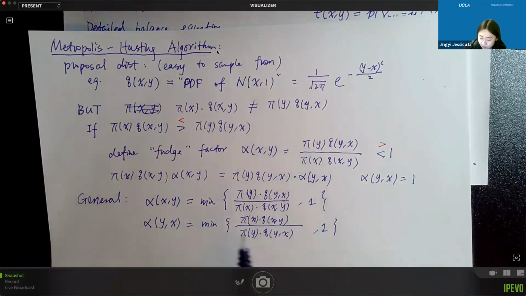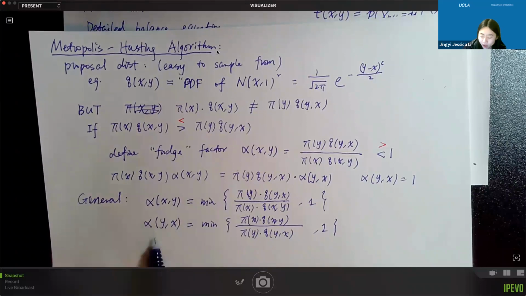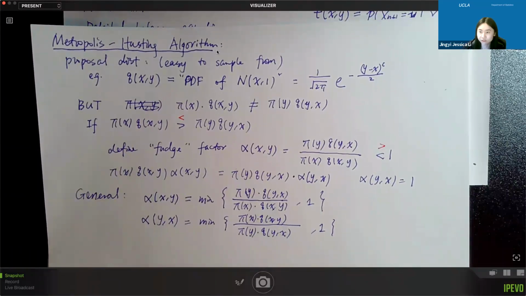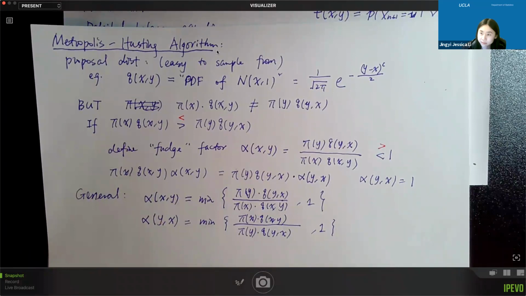That is, only one of them, alpha x y or alpha y x, will get a value equal to 1, and the other will get a value less than 1. So that can help me satisfy this balance equation. Does that make sense to everyone? Yeah, so it's a very interesting construction of the fudge factor.